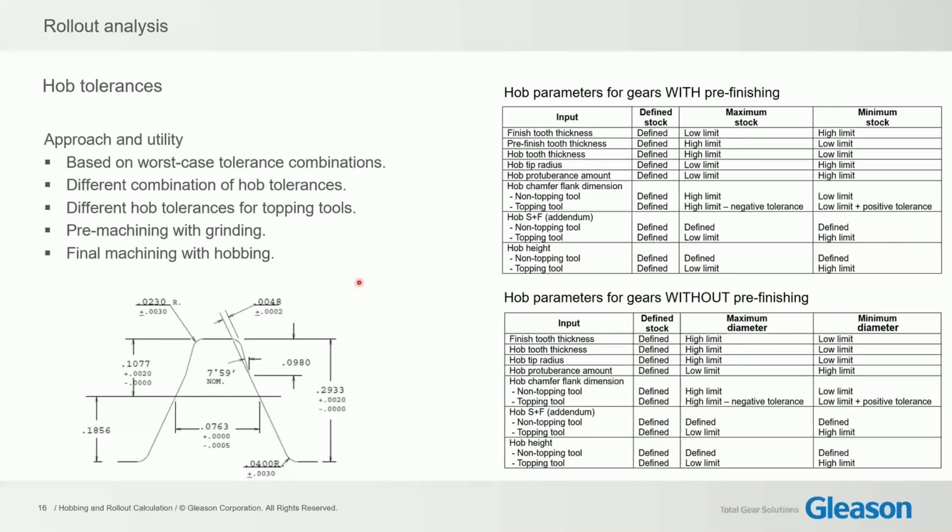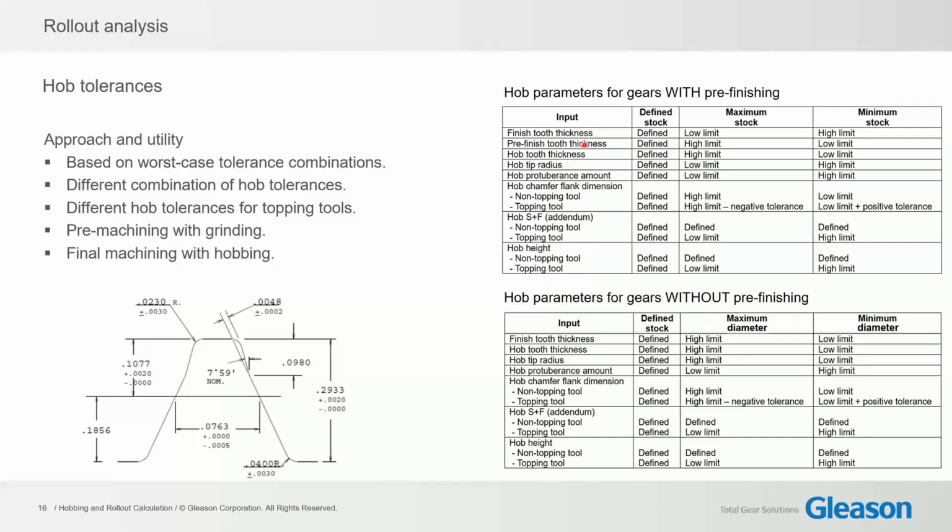About the combinations that are taken for certain calculation conditions, we have here two tables. The first is for the hops, where we have also pre-finishing. So we have pre-finishing and finishing operation. Maximum stock in this case would mean that we have the smallest tooth thickness on the finish tooth and the highest tooth thickness on the pre-finish.